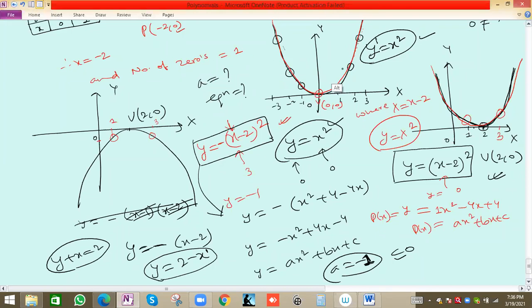And also we can verify: if you take x minus 1, the square of -1 is 1, y will always be positive. x minus 2, y is 4, x minus 3, y is 9, x 3, 9. Basically y will always be positive, which means y equal to x square.